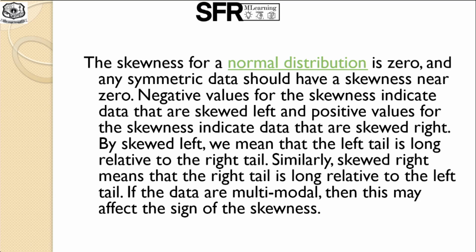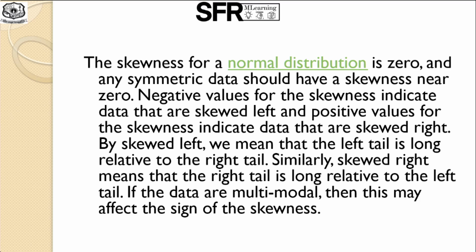In this, the skewness value will be very near to 0, that is 0.001 something. Negative skewness indicates the data are skewed left, and positive values for the skewness indicate the data are skewed right.